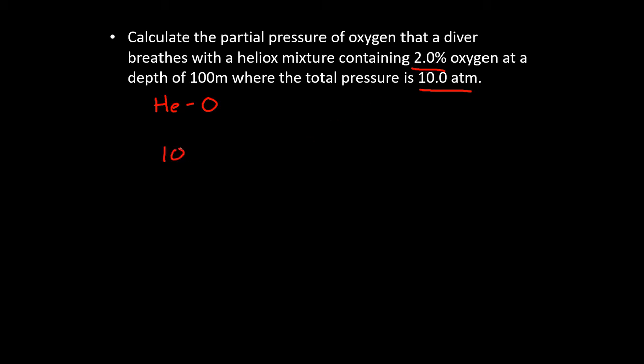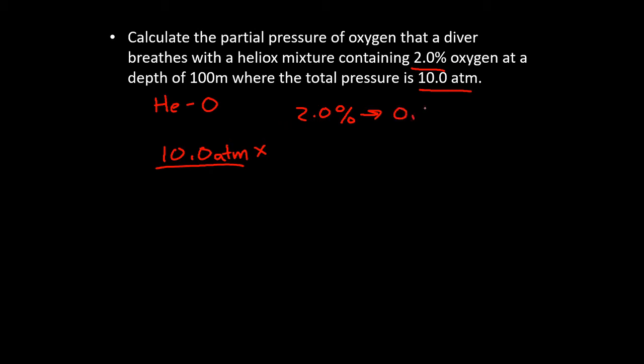So if we have 10 atmospheres, there's a couple different ways that we could do this. We could just take this number and multiply it by the decimal form of 2%. If you remember how to convert from a percentage to decimal form, you essentially just divide by 100. So we'd be moving the decimal point over 2 spots.